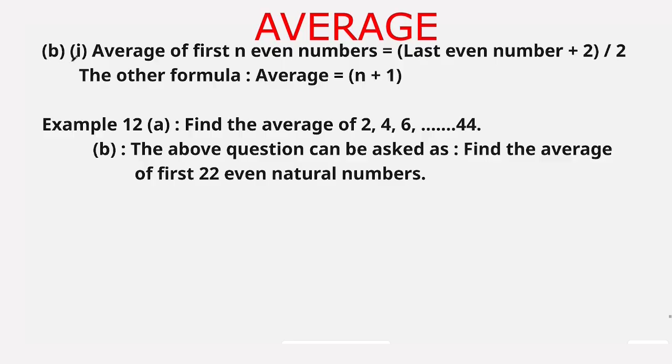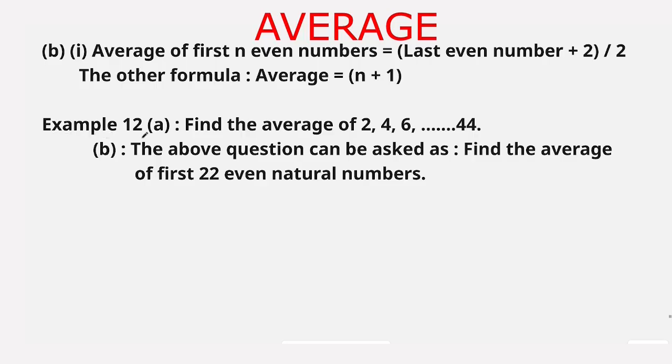Point B, part 1. Average of first n even numbers equals last even number plus 2 whole divided by 2. The other formula for this is average equals n plus 1. We will learn both the formulas by the example.